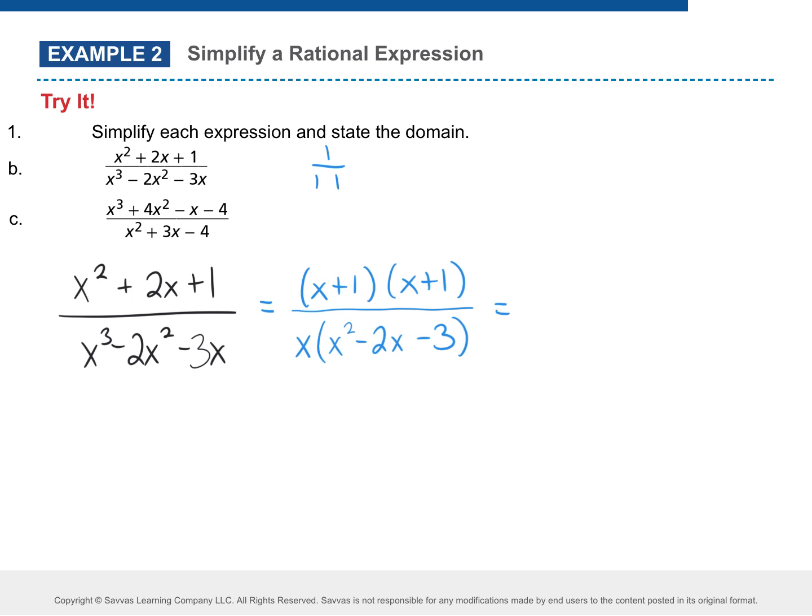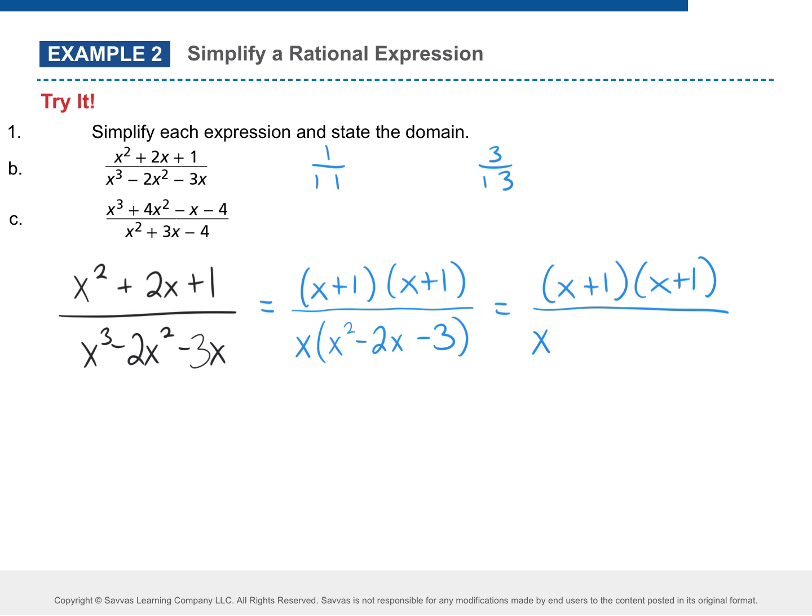Our numerator is done, so I'm just going to rewrite the numerator. And then our denominator, we still have this x here. We don't want to get rid of that, we're going to keep that. Now I want to factor x squared minus 2x minus 3. What are factors of 3? 1 and 3.